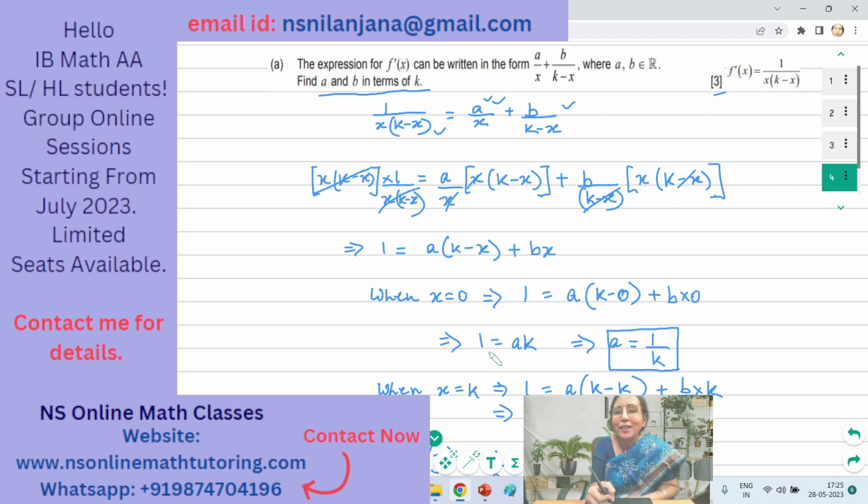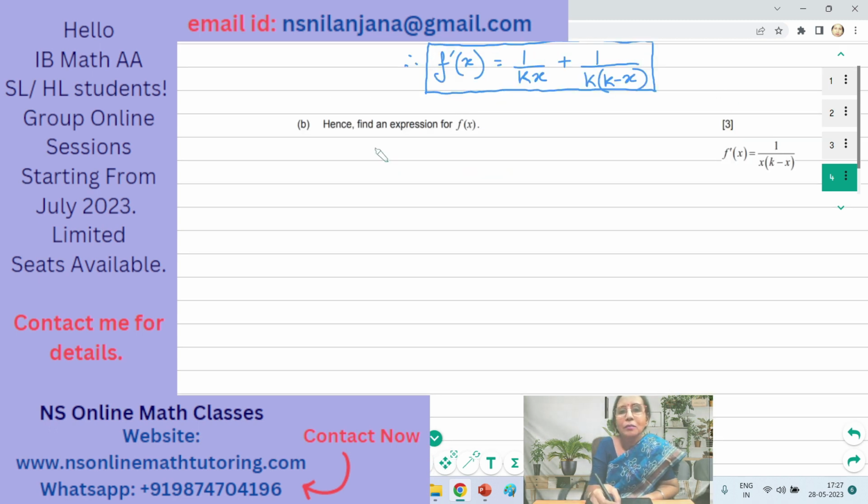Subpart B: hence find an expression for f of x. We are given the expression for f dash x, the first derivative, as 1 over x times k minus x. And in order to get the expression for f of x, we have to integrate f dash x. That we know.